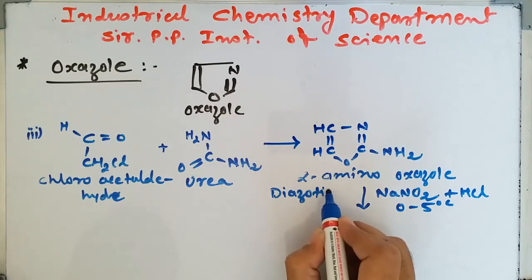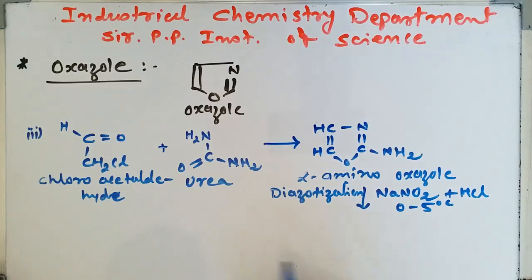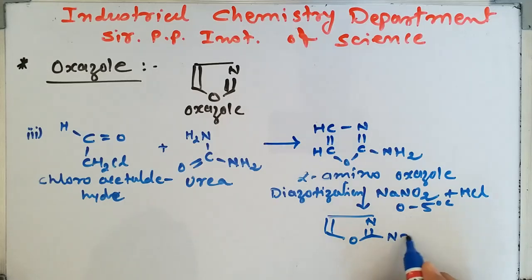Diazotization takes place, so the diazonium salt of oxazole is obtained.